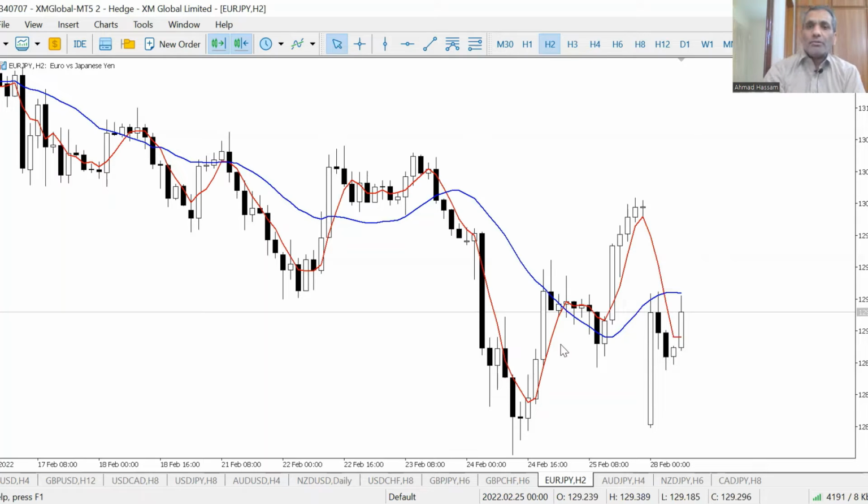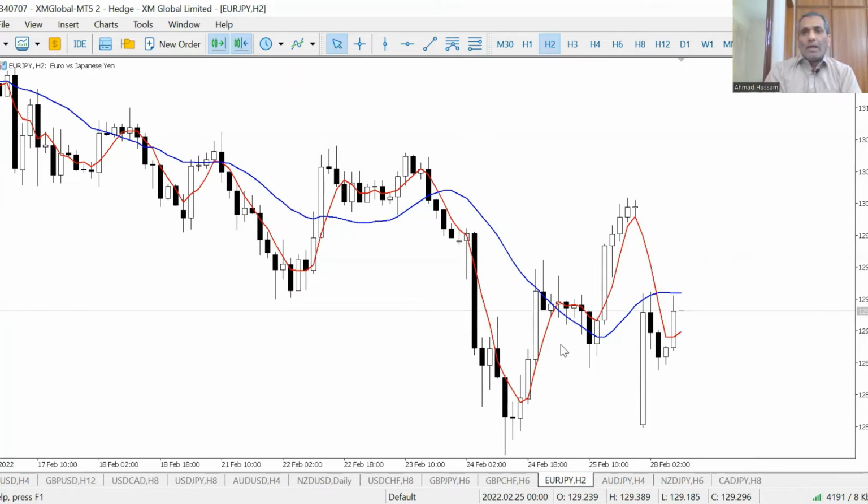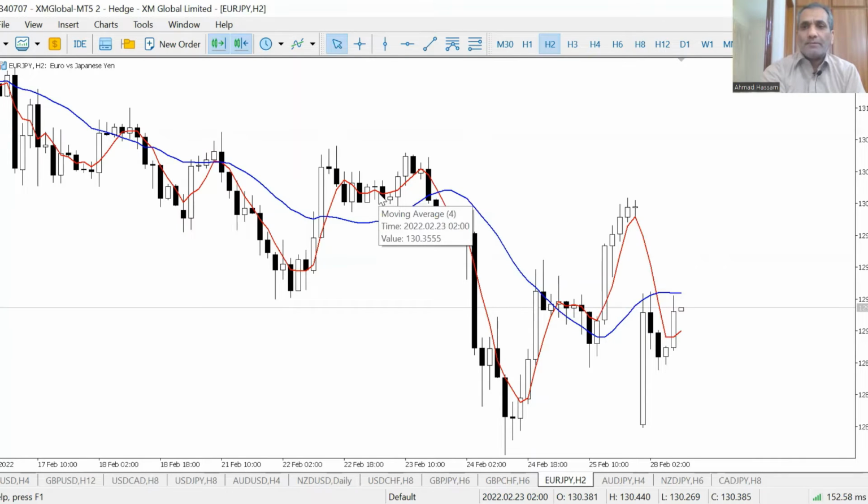Now, this is how I use moving averages. I just use moving averages to determine the trend. If the slow moving average, this is the 18 SMA, is below this fast moving average, which is the 4 SMA, I say the trend is up.